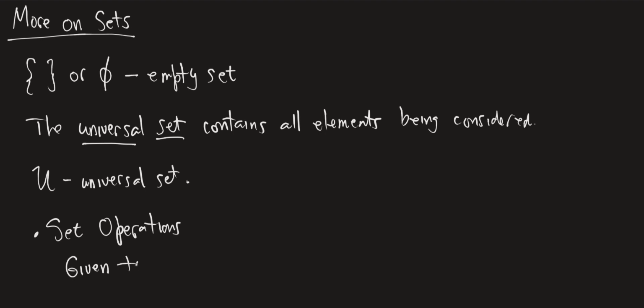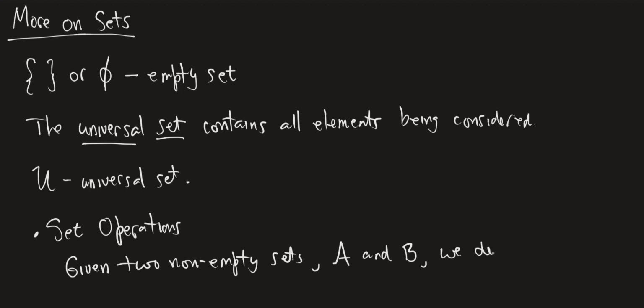Given two non-empty sets, call them A and B, we define the following operations. And some of these are very, very basic. Some of them you may already know, depending on how much work you've done with sets.